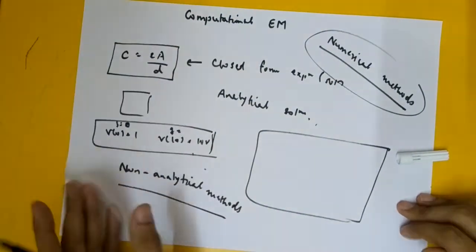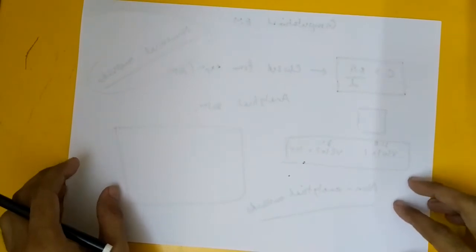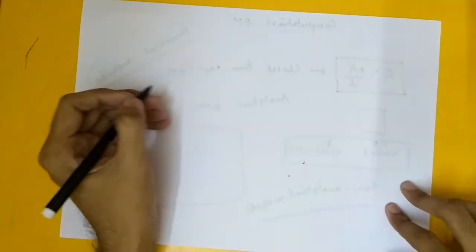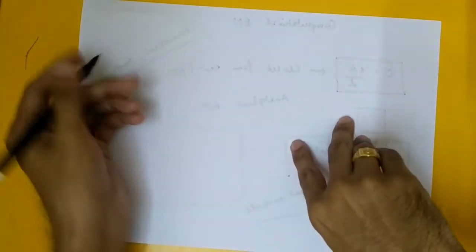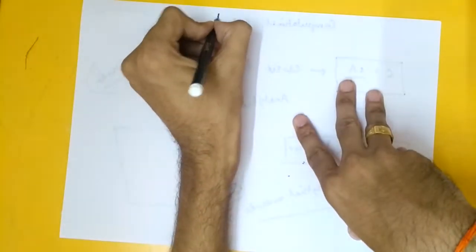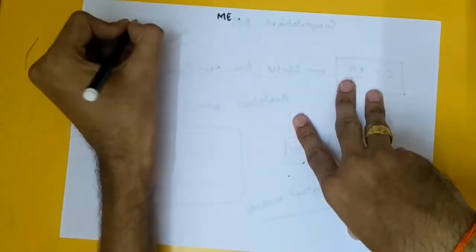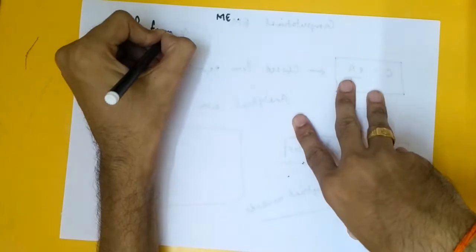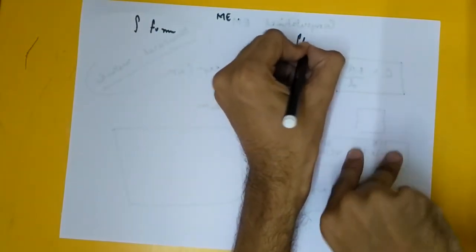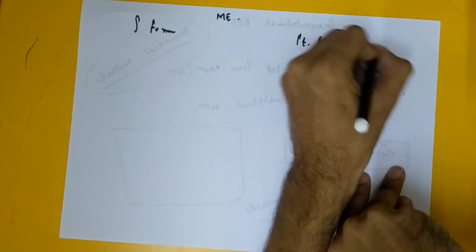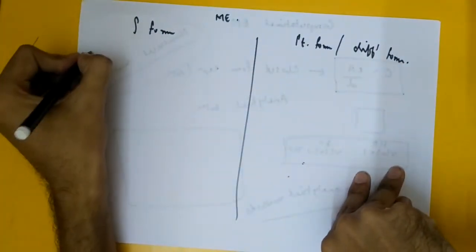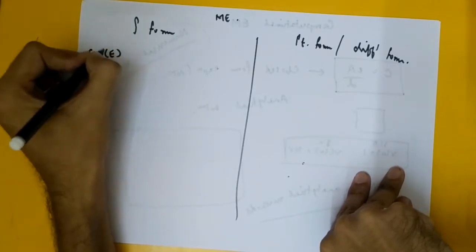So what are these numerical methods? Most electromagnetic problems involve either partial differential equations or integral equations. A simple example is Maxwell's equations. We have two forms: integral form and point form, which is also called differential form. The first one is Gauss law for electric fields.